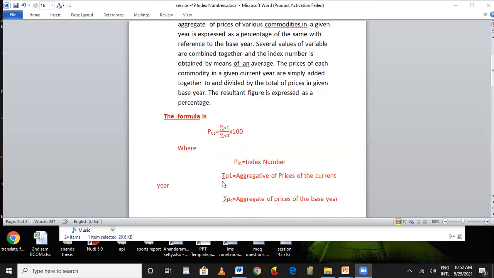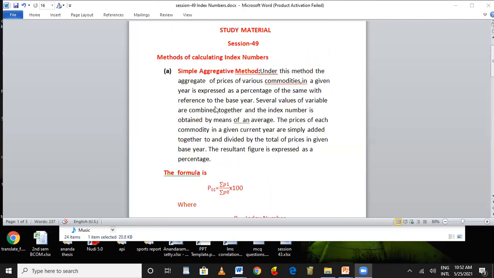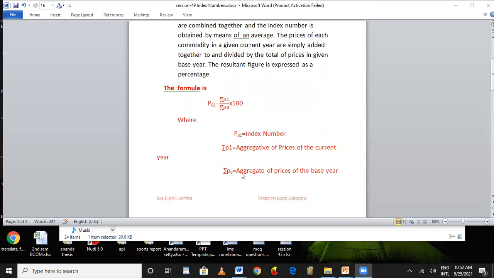The symbol sigma has been used for the sum or total. So sigma P1 means the aggregate prices of the current year, divided by the aggregate prices of the base year, so that we get P01, the index number.